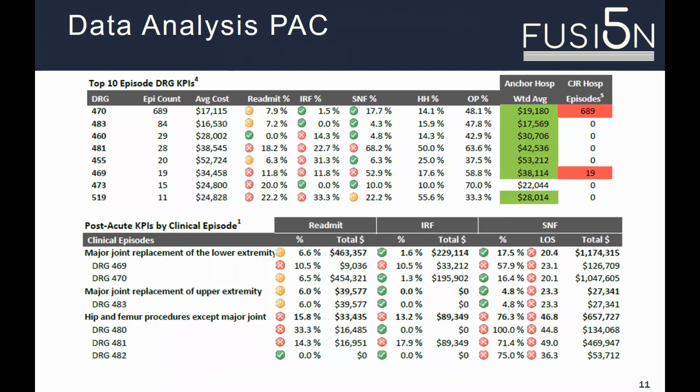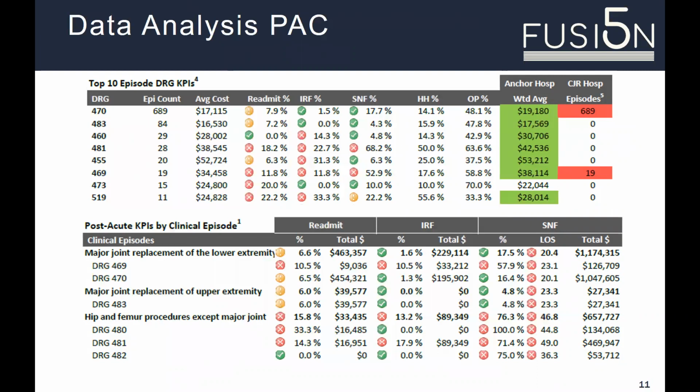You'll also see a readmit percentage there, 7.9%. So that's saying that out of those 689 patients, approximately 7.9% were readmitted into the hospital. And you'll notice we have the stoplight type of system there, the red and the yellow and the green, basically saying that these are areas that we may want to pay attention to.